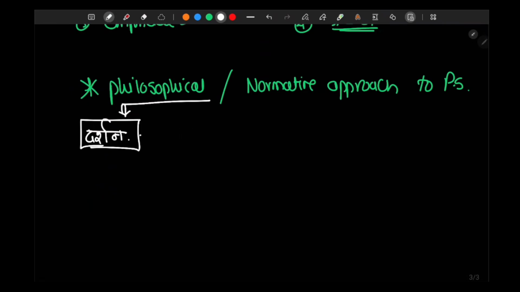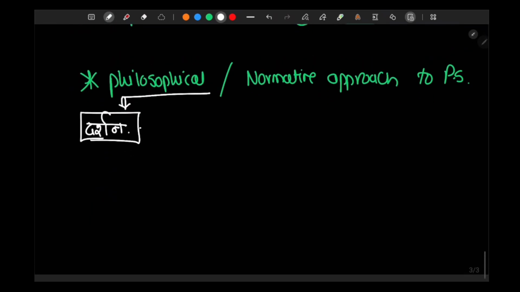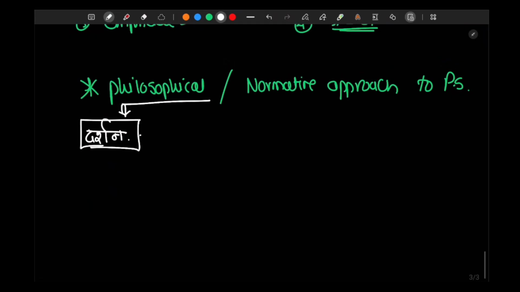Darshan is a very philosophical Hindi word in itself. Philosophy is basically love for knowledge, right? Very reason based, very application based, very ideas based, right?